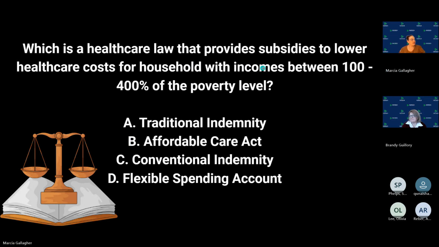So if you're lower income, you need something that is what? Affordable. That's absolutely right. So do you see how we can reason some of these things out? Lower health costs, lower income needs to be affordable.